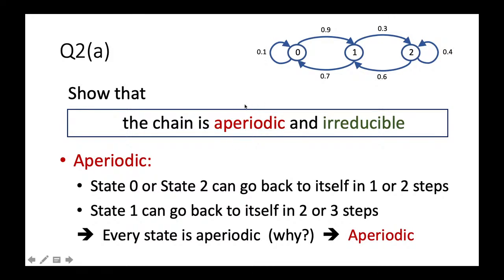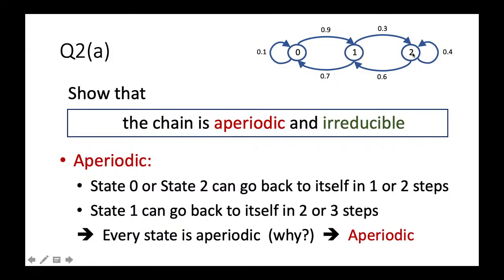Aperiodic means that for each state, it can come back to itself in an irregular number of steps, so it is not always a multiple of some number. We can check each state one by one. For state 0, it can come back in 1 step, and it can also come back in 2 steps.